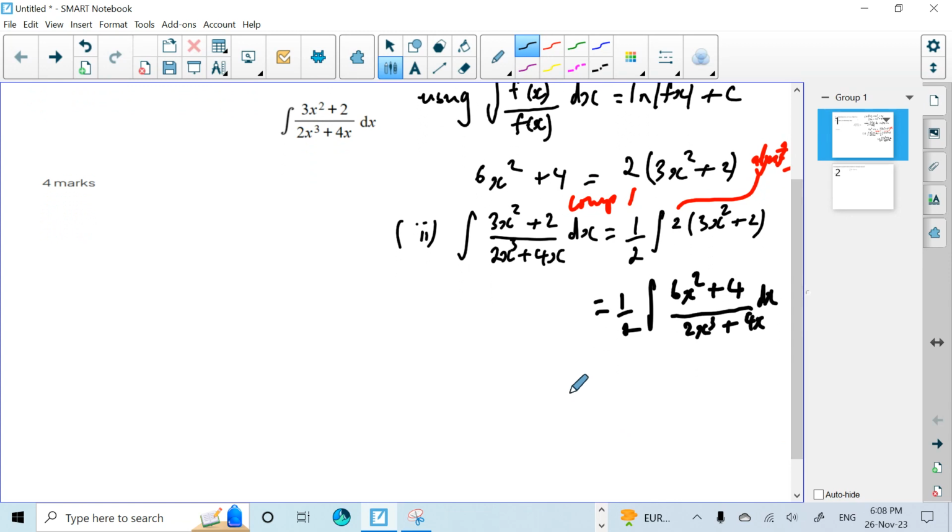And that will give us 6x squared plus 4, that's correct, over 2x cubed plus 4x dx. And that will give you, now we did mention this before, a half, and this will be natural log of 2x cubed plus 4x, that denominator becomes the function, and then of course plus c. And there you have it.